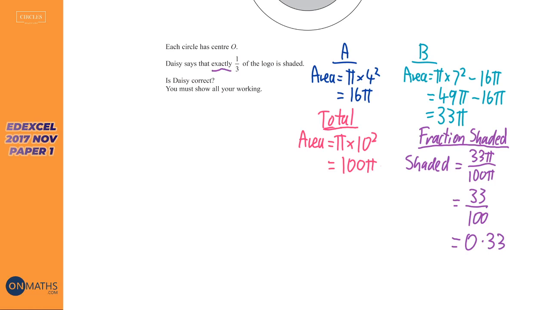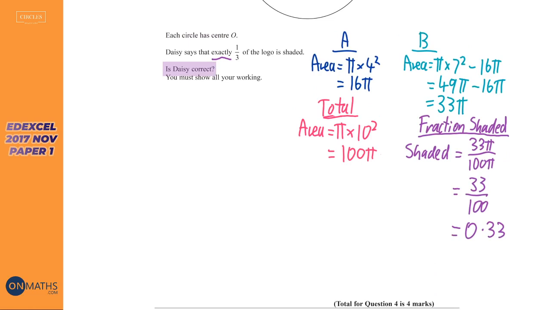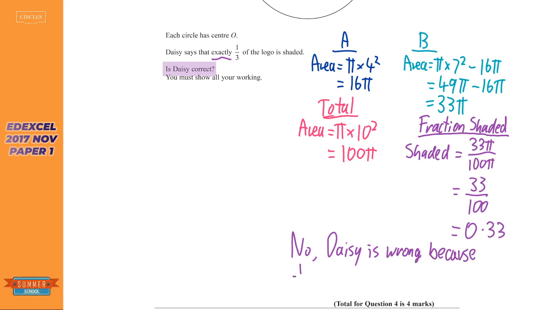Now, you get sick of me saying this in these videos, but you must answer the question. This is not enough to get full marks. And how many marks is this? 4 marks. So you might get 3 or 2, but I haven't got the 4 out of 4 because I have to say no. And you could say, yeah, Daisy is wrong because 1/3 equals 0.3 recurring, or something like that.